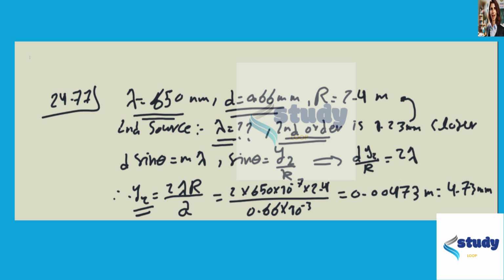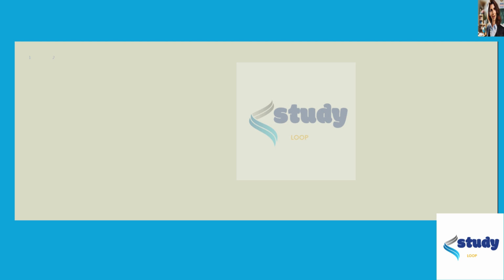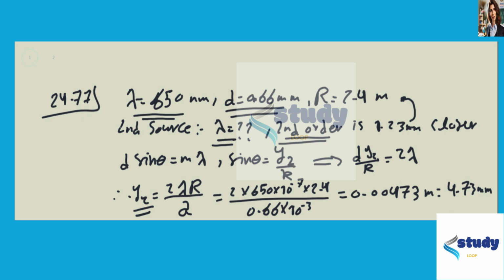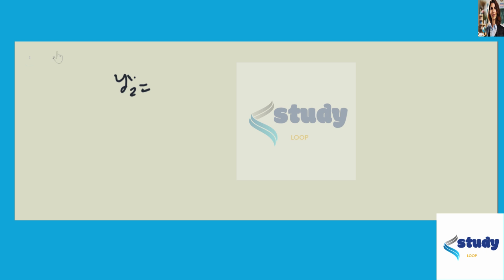So y2 prime, for the new source, is the distance we already got, 4.73 minus 1.23, which is 3.5 millimeters.